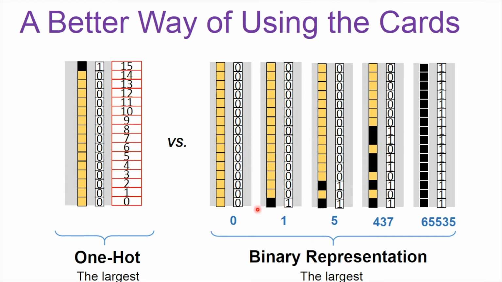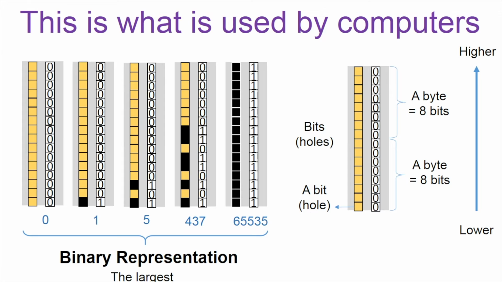It's the same as the one-hot. However, starting from 2, we'll punch 2 holes here like this, which represents a 5, and we can punch more holes to represent many more numbers than the 15. And the maximum number is here using the 16 holes. We can see the largest number is shown here. Okay, this is indeed what is used by computers, those compact representations.